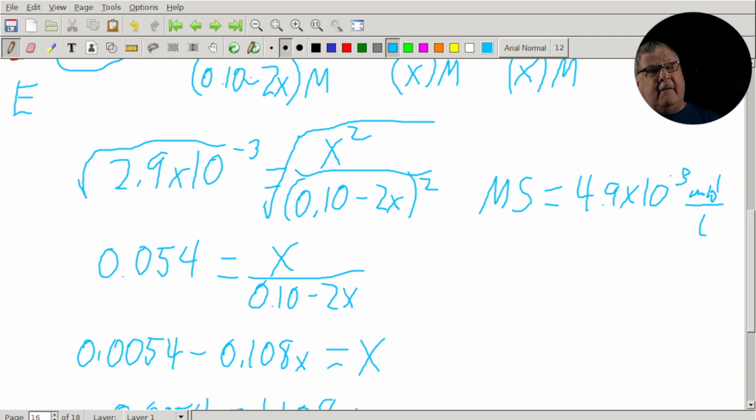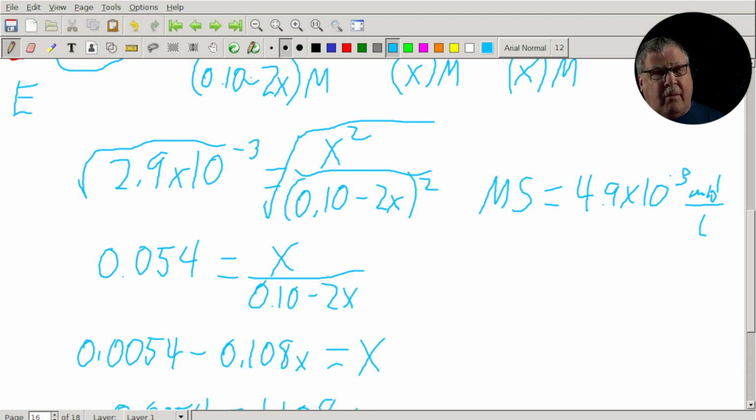Okay, now think about this for a second. What have we done? If you go back and look at your notes, the molar solubility of silver chloride in water we calculated to be 1.3 times 10 to the negative fifth moles per liter. So by adding this small concentration of ammonia, what have we done?